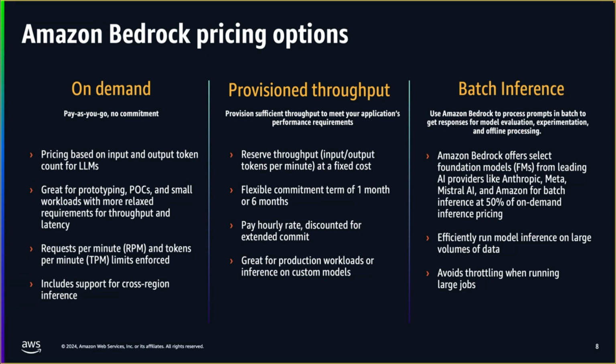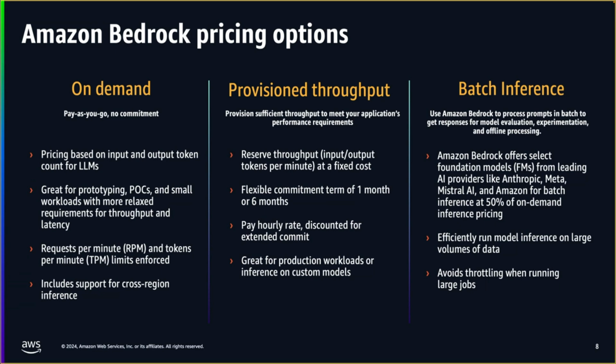With provisioned throughput, you reserve throughput, so you have a dedicated, reserved chunk of infrastructure to run your inference. When you provision throughput, you are not paying per request or per input and output tokens. You are paying per model unit which you provision. So once you provision throughput, you pay for the model units which you provision.